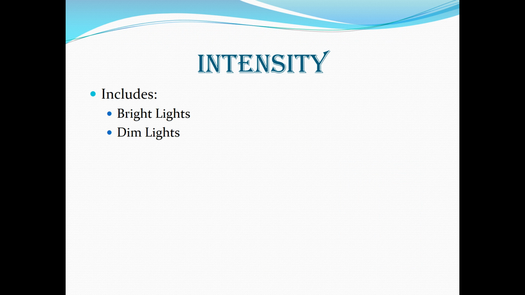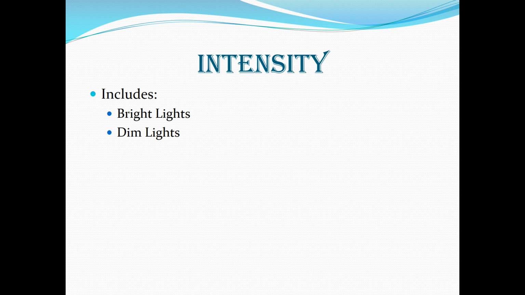Now, intensity is another example of this. I just put the words up here: bright lights and dim lights. Why do people hire companies that will shine lights into the heavens at night that rotate and things like that?